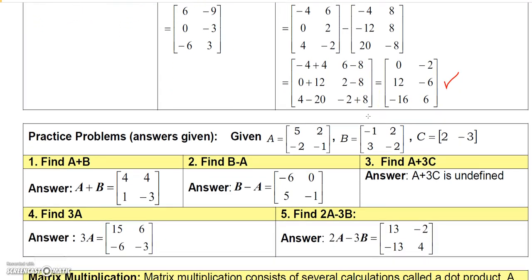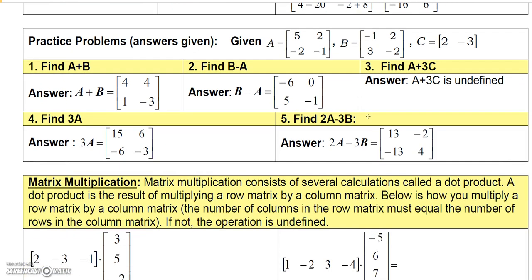Now I gave you some practice problems here that you can practice on, just a couple of small matrices. Here's matrix A, here's matrix B, here's matrix C, and here it asks you to find A plus B. So you can do that, add these two together, and just check and make sure you get the same answer I got. And then you can do B minus A, so take the second matrix minus the first matrix and show that you get this.